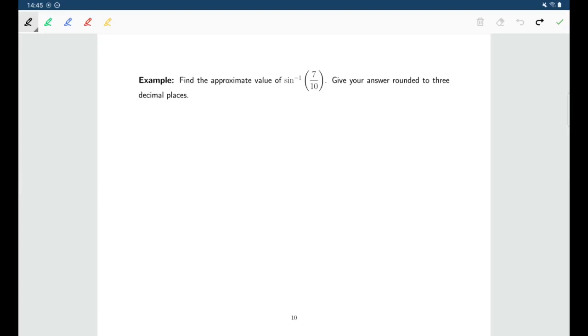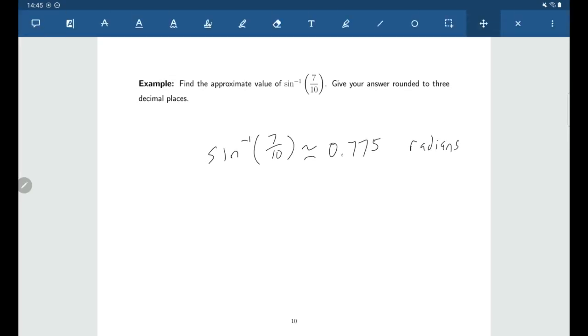The best we can do is find the approximate value. If we use our calculator, second function, sine, and then enter 7/10, we get approximately 0.775397, so about 0.775, and that is radians. So this is not 0.775 degrees, this is 0.775 radians.